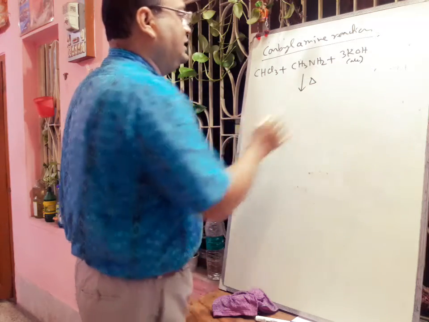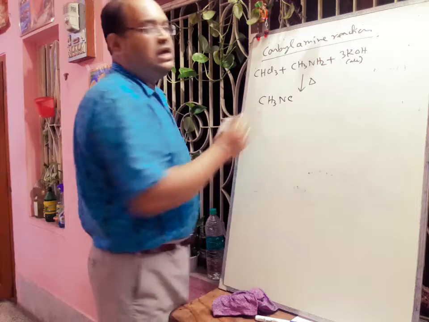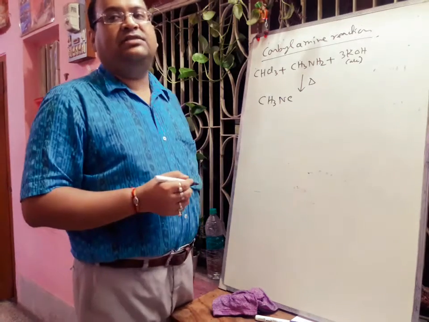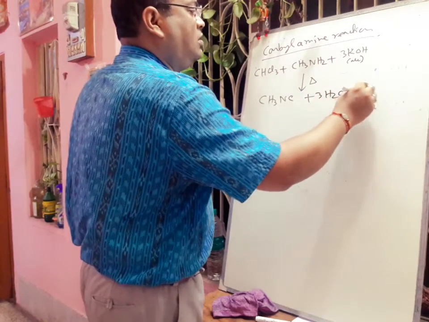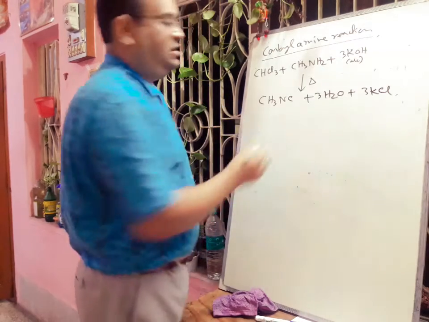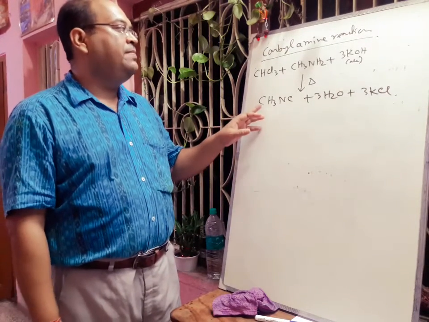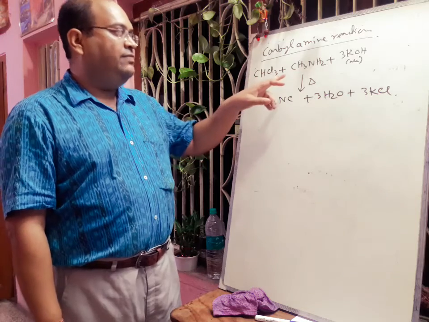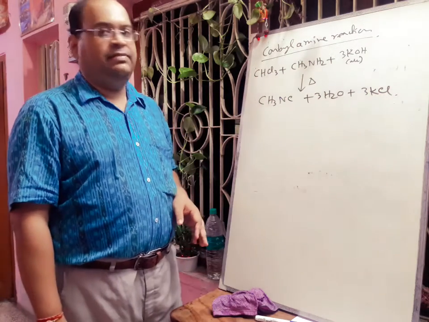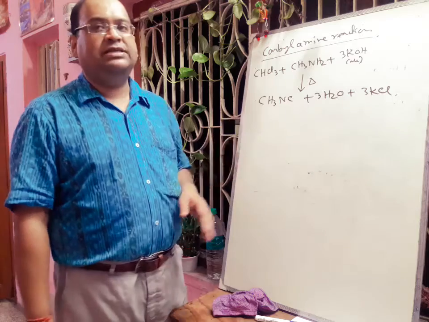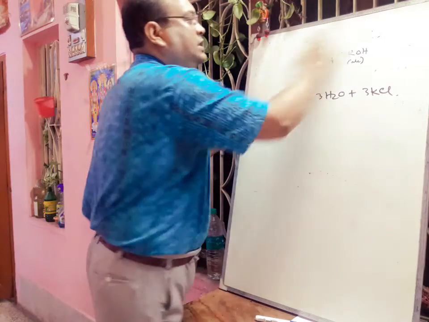Then if we apply heat, we will get a compound that is CH3NC, methyl isocyanide. This has a very bad, obnoxious smell, and from this reaction we can easily identify the presence of primary amine as well as chloroform. This reaction is called the carbylamine reaction. Generally this reaction is not done in the laboratory because of its intolerable smell.